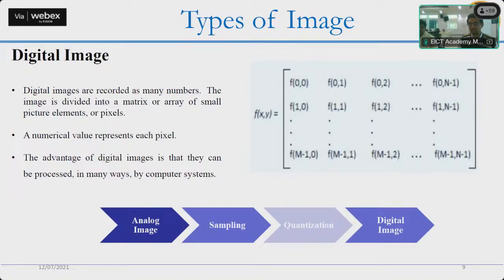It will not be 100.5 or 20.5. When we say quantization, it is a complete integer. So the difference between digital and analog image is that you take some part of the image, not the complete image, and then assign different levels which are represented by complete integers.